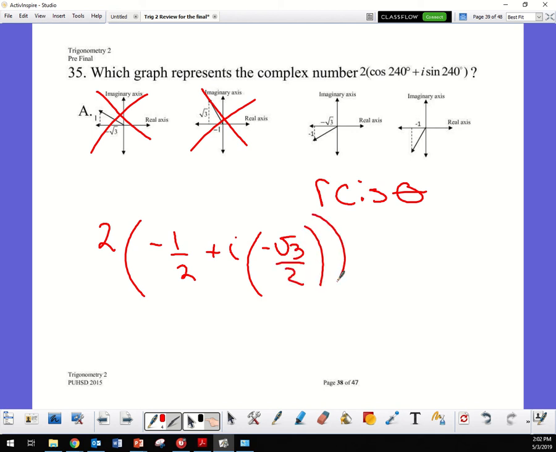Do my distribution, I get negative 1 minus i root 3. So in the real direction, it's got to go left 1, and down root 3. Left 1, down root 3. That's the only one it can be.